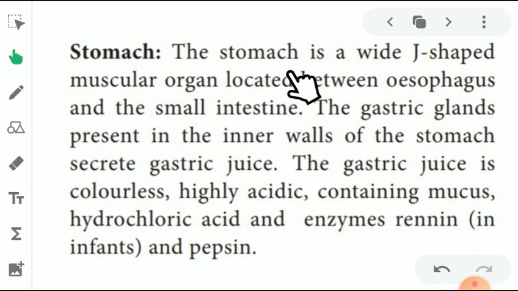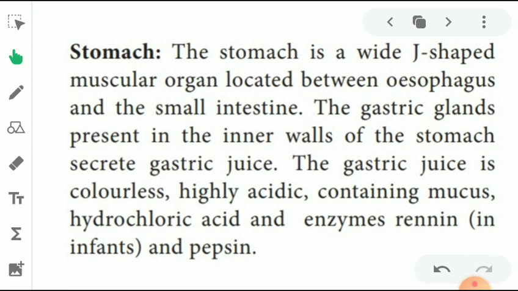Stomach. The stomach is a wide J-shaped muscular organ located between the esophagus and small intestine. The gastric glands inside the stomach secrete gastric juice, which is colorless, highly acidic, containing mucus, hydrochloric acid, and the enzymes renin and pepsin.